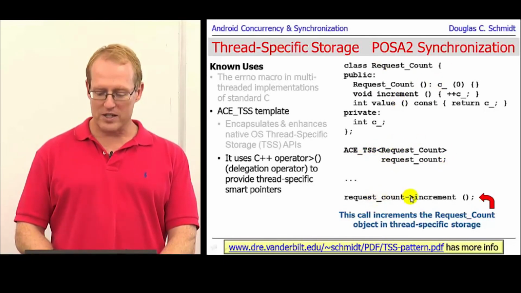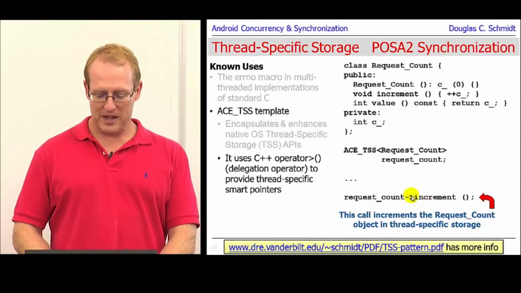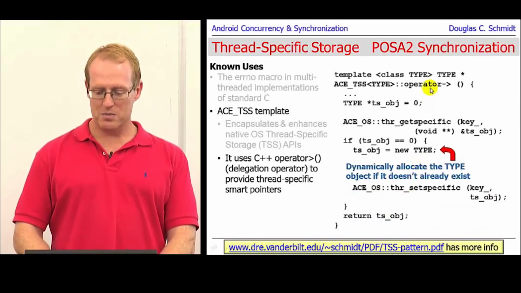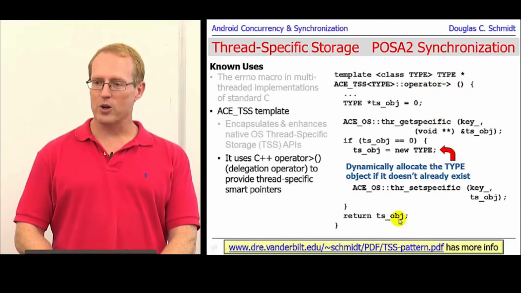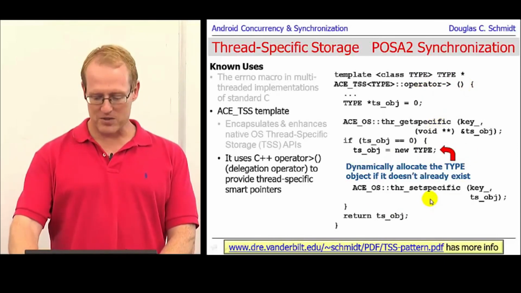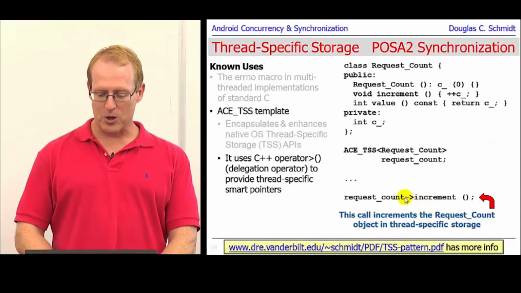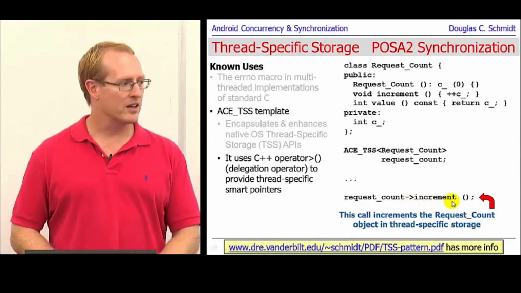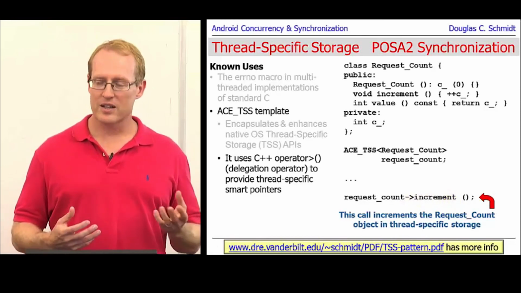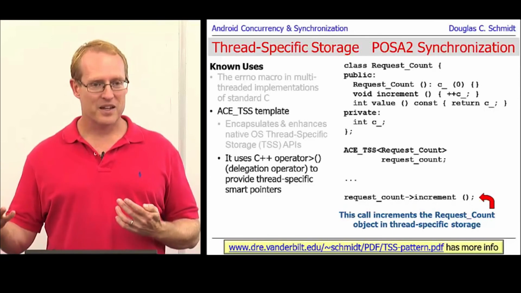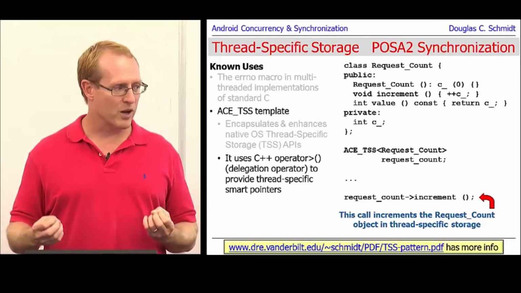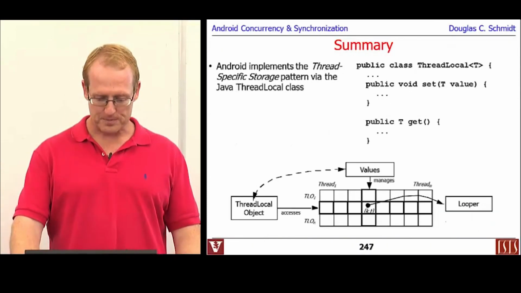And then when you say requestCount arrow increment, it first calls this method here, which is the delegation method, which gets you a pointer by hook or by crook to the thread-specific data. And then it returns it, and then C++ automatically delegates to the increment method. And so that goes ahead and calls it. So it looks like just a regular function call, but in fact it's actually accessing data that's stored in a thread-specific way. So it's very cool, very powerful.